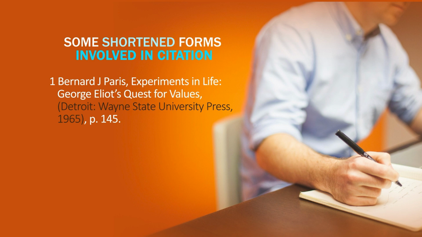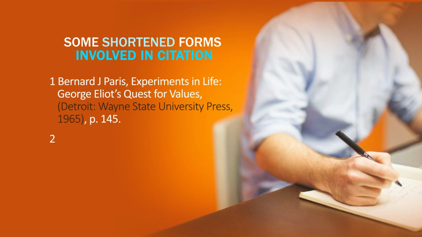Now, the second quotation in your work is also from Bernard J. Paris. So instead of quoting the entire detail in full, you use the word ibid to denote that you are referring to the same text, and you mention the page number.